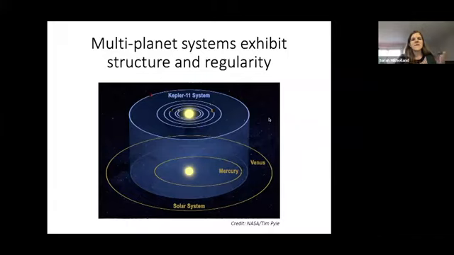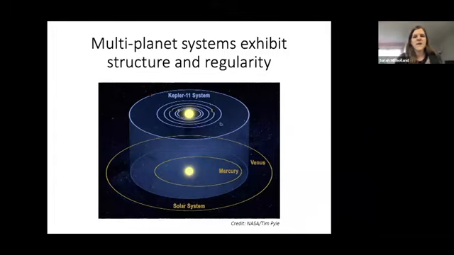So these systems of multiple transiting planets exhibit a lot of really interesting structure and regularity. One of the quintessential examples of such systems is Kepler-11, which hosts at least 6 planets, and it was discovered back in 2011. So this system is really compact, circular, and flat. The planets are all somewhere in the super-Earth to sub-Neptune regime.